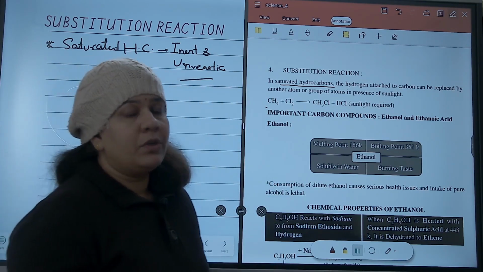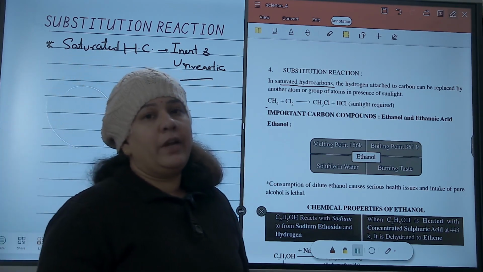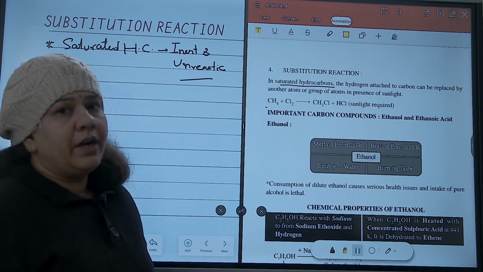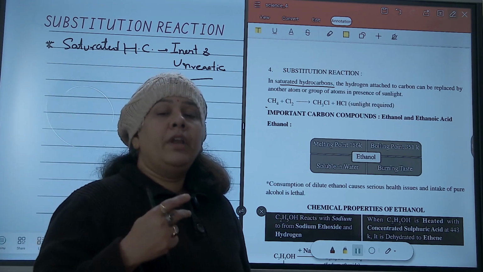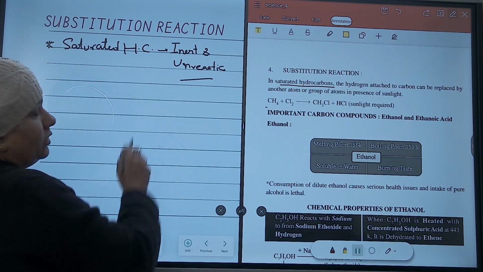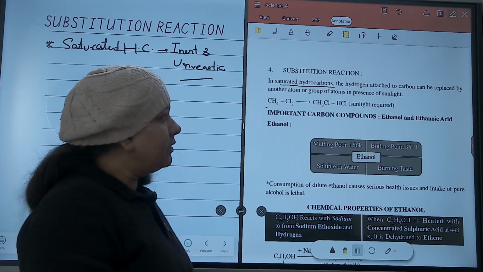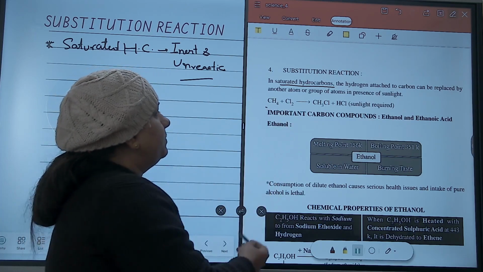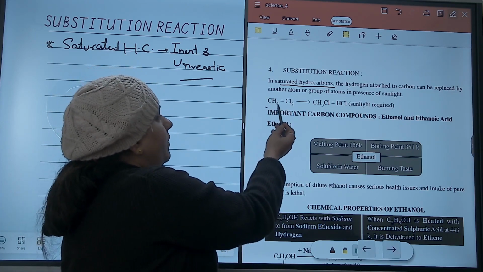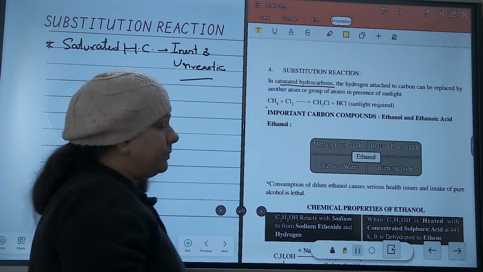So two things you must always remember about substitution. Firstly, it is shown by saturated hydrocarbons, and saturated hydrocarbons are very inert and unreactive, so they will show very few reactions. One of the important reactions is the substitution of hydrogen atoms in methane with chlorine atoms.